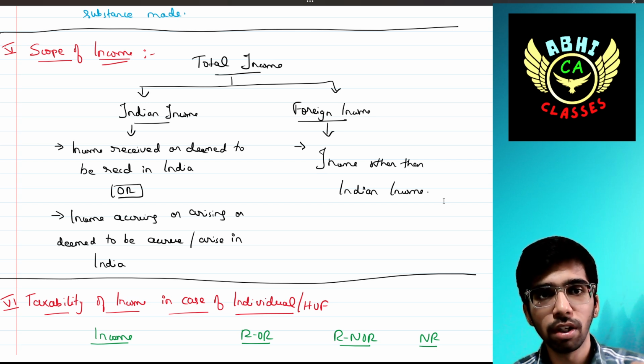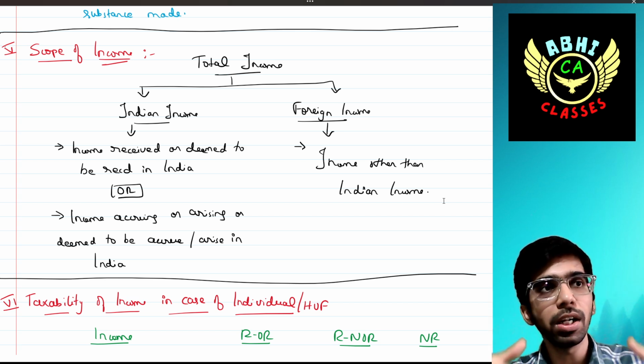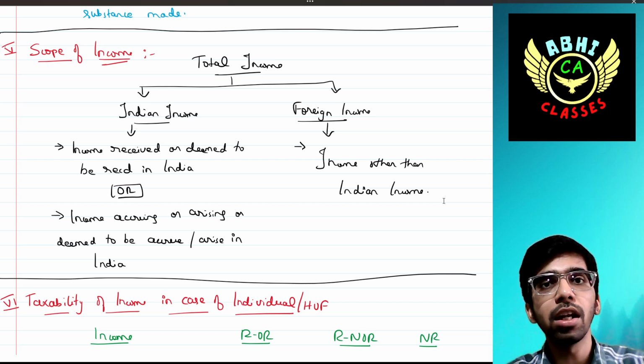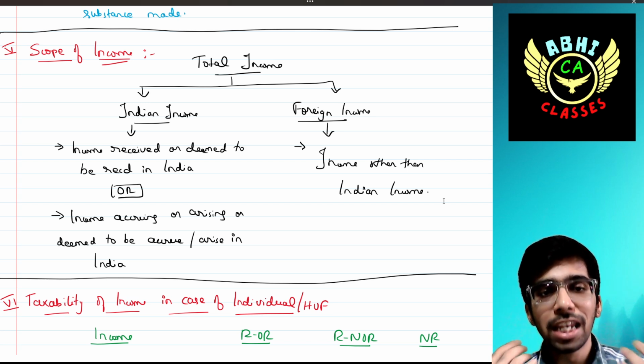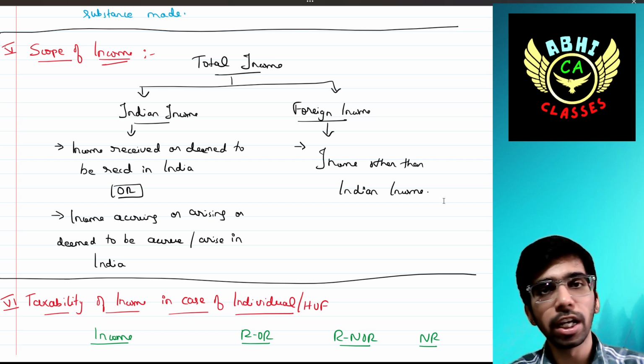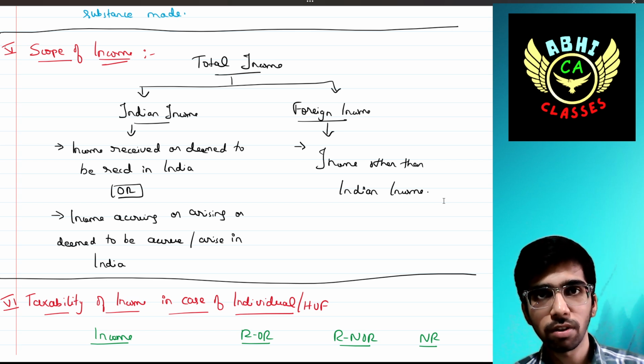Income received in India or deemed to be received. It might be received in India, or deemed to be received in India. Then that is also called Indian income. Or income accruing in India or deemed to accrue in India. It is accrued in India but received somewhere else. Accrued means it is generated in India but received somewhere else.